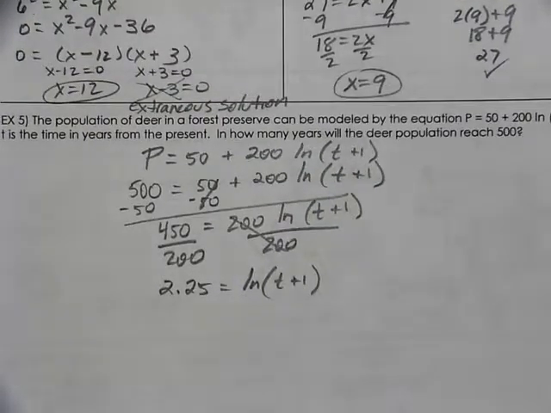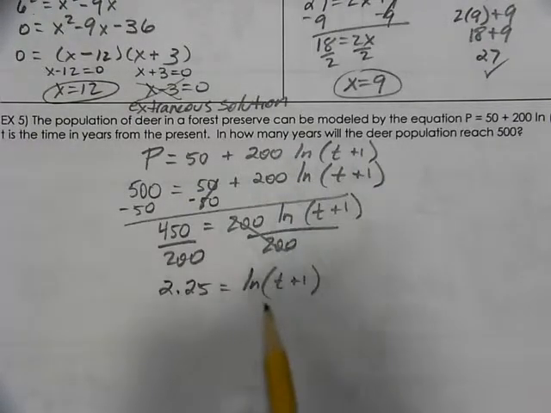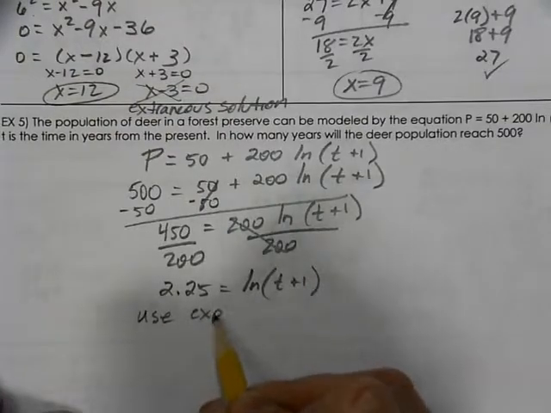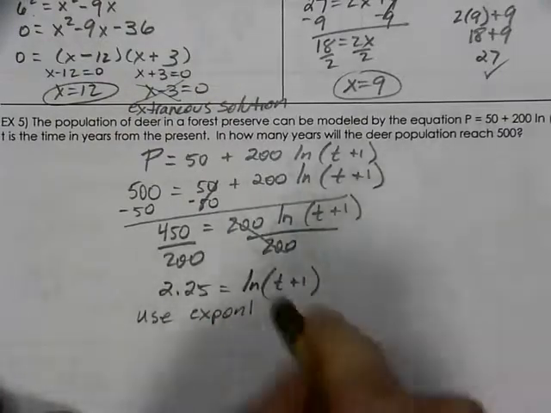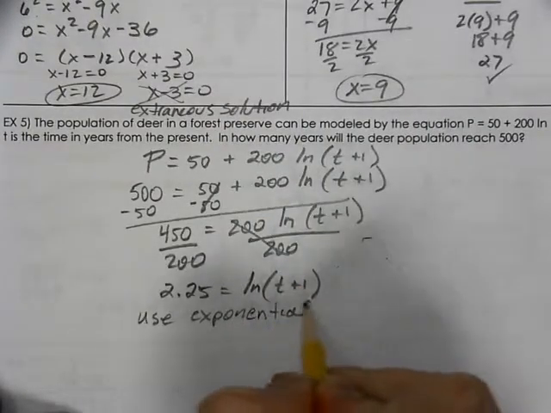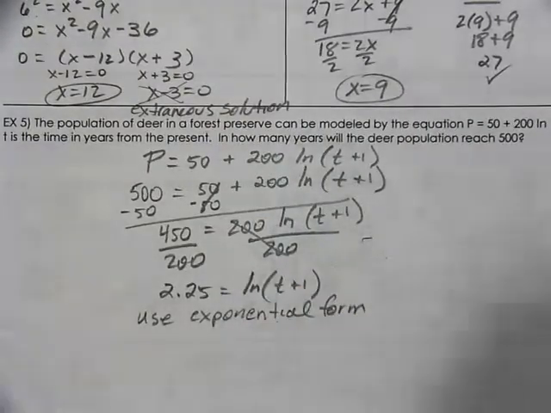Now we look at this and we try to figure out what to do next. Because a logarithm equals a number, we can use exponential form. Now what base are we working with?